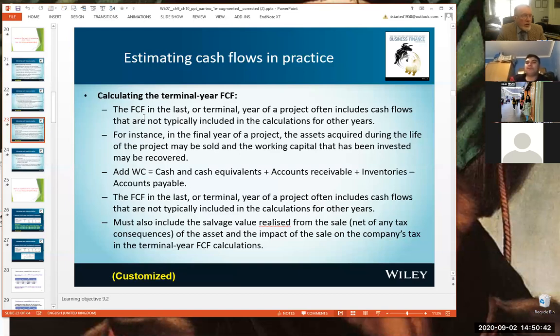If we're doing something where the capital assets involved are actually appreciating, and the best example of this is real estate, then the final cash flow isn't just scrap value, the way it might be for an old machine being carted away. It's actually a capital gain. And so whether it's an old machine being carted away to the rubbish dump or the metal recycler, or whether it's real estate being sold for a lot more than you bought it for, one way or another, the final cash flow, the terminal year free cash flow, is a very important event.